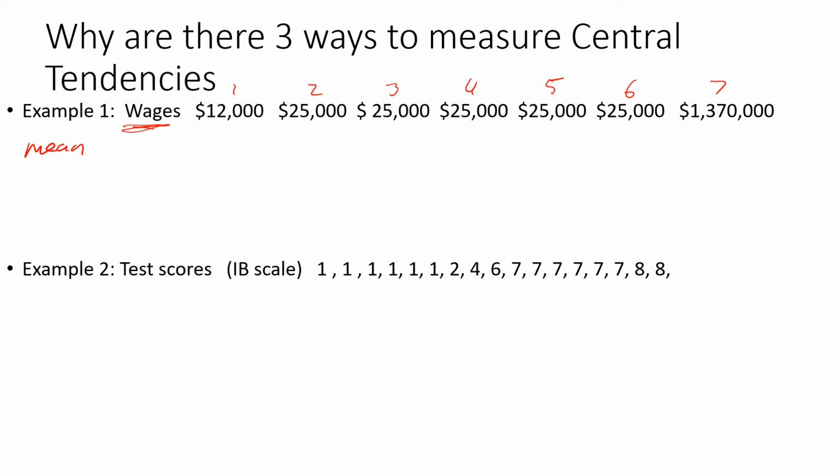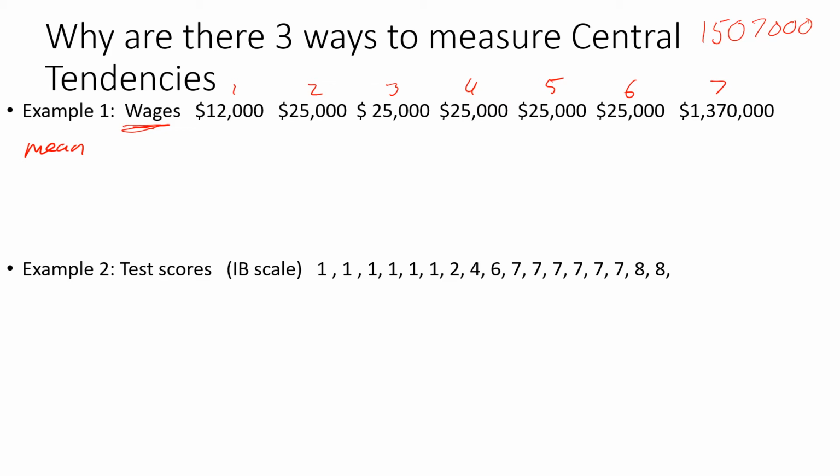Okay, so my total for these wages right here is 1,507,000. $1,507,000 is the total amount that this company spends just on wages.